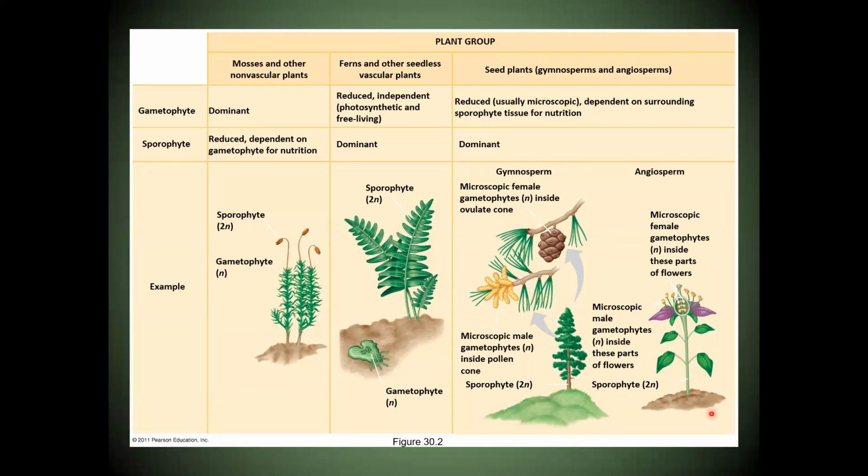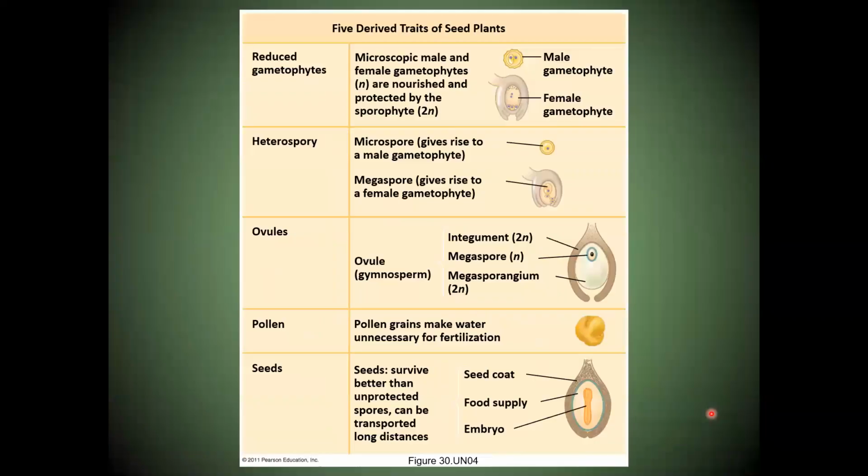Both of them occur inside the flower, and the flower is located on the sporophyte. Okay, that's extremely important to understand. And also, another cool thing is that regardless of the species, the gametophytes are always haploid. Sporophytes, regardless of the species, are always diploid, right? This kind of comparative picture is quite helpful for you to remember stuff.